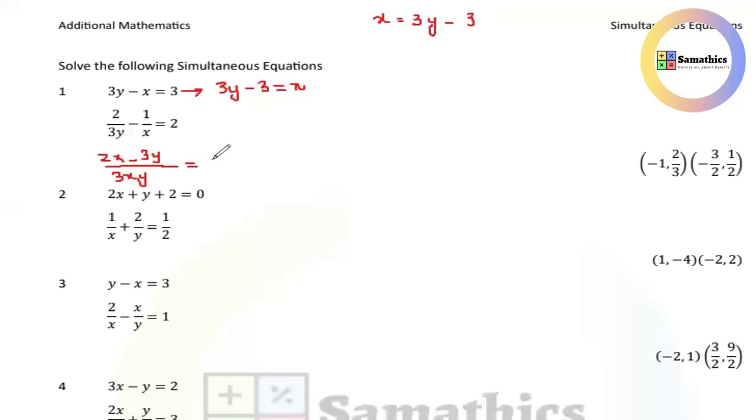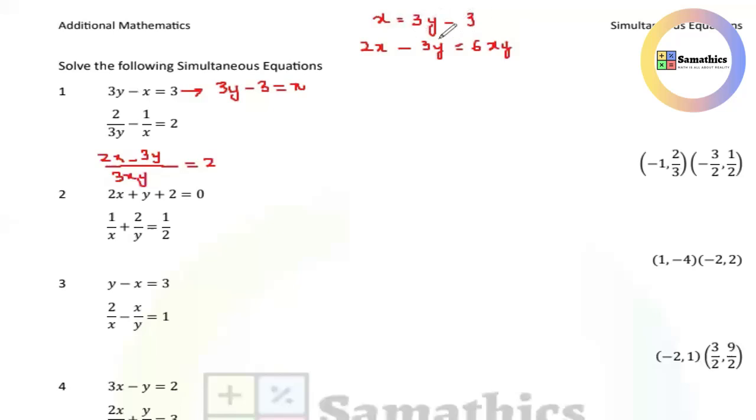So we have got the second equation as 2x. We will do the cross multiplication after this to get rid of this fraction, because whenever there is a fraction, it takes time to solve. So it will be 6xy.